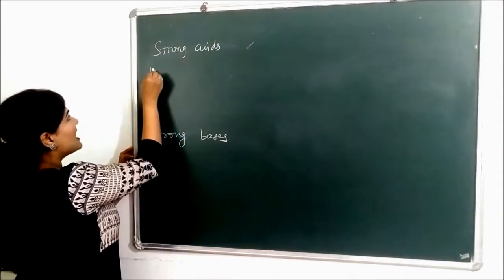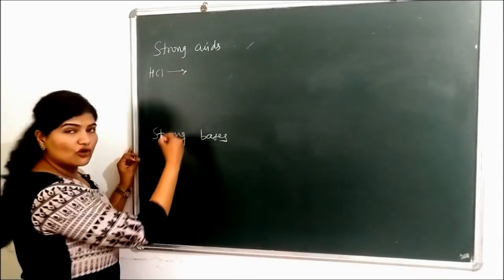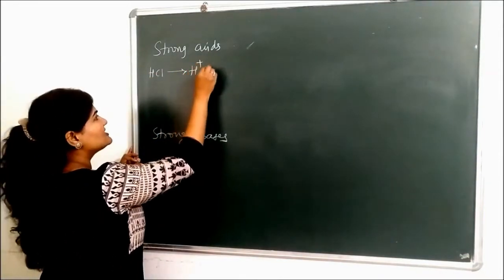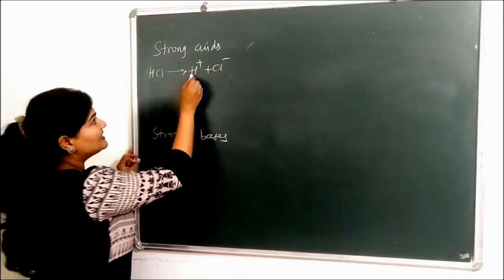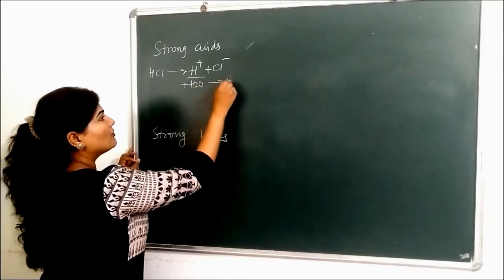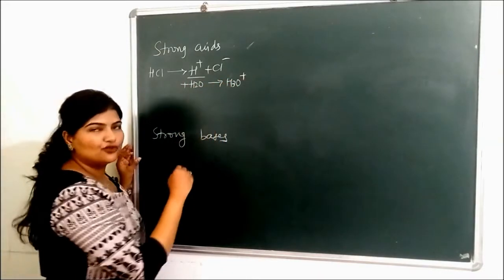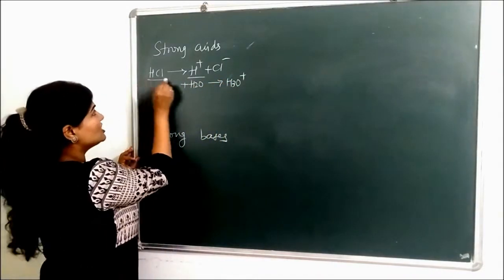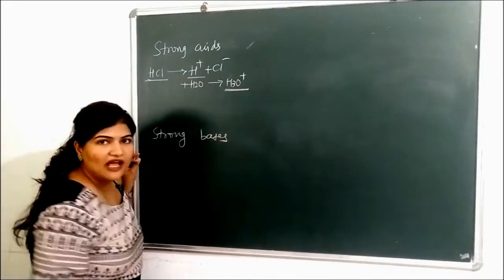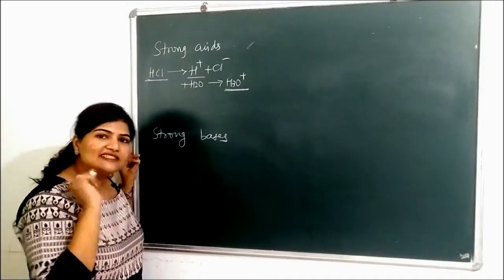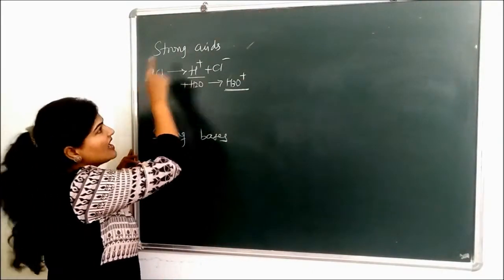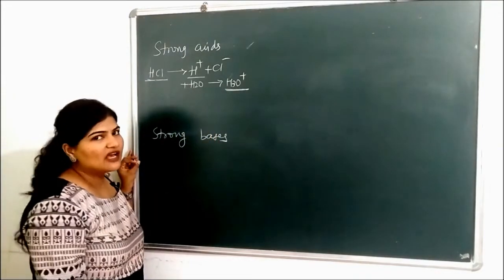For example, an acid like HCl when dissolved in water dissociates completely to form H plus and Cl minus ions, and then these H plus ions react with the water in the medium to form H3O plus, that is hydronium ions. So the initial concentration of acid dissolved and the concentration of hydronium ions in the solution will be exactly equal because all the HCl molecules are now dissociated to produce hydronium ions.